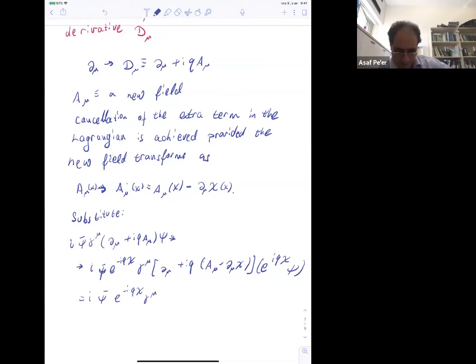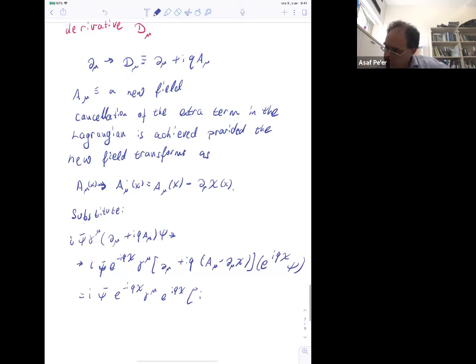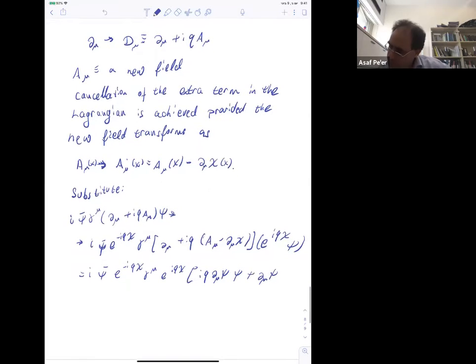And then again, we had these two terms, right? So we had e to the i q chi, and we had two derivatives, one of psi and one of the exponent. So i q d mu chi psi plus d mu psi plus i q A mu minus d mu chi psi.